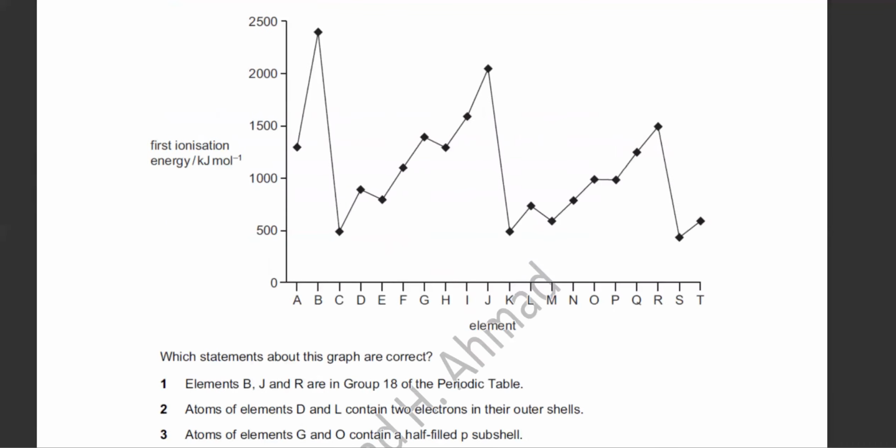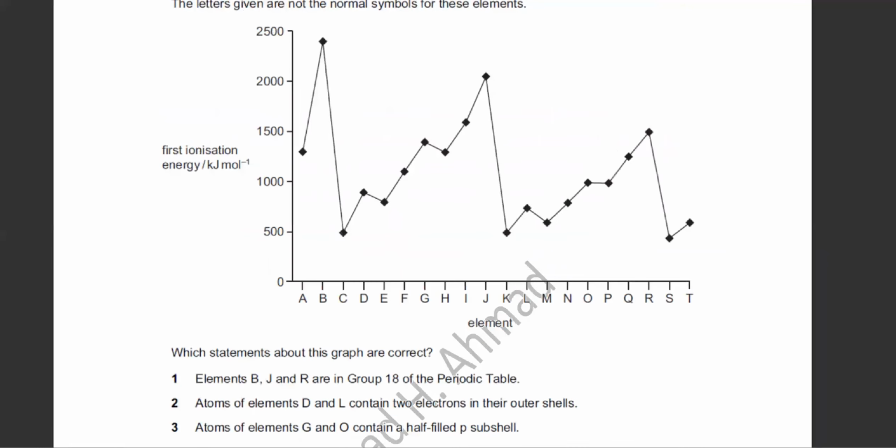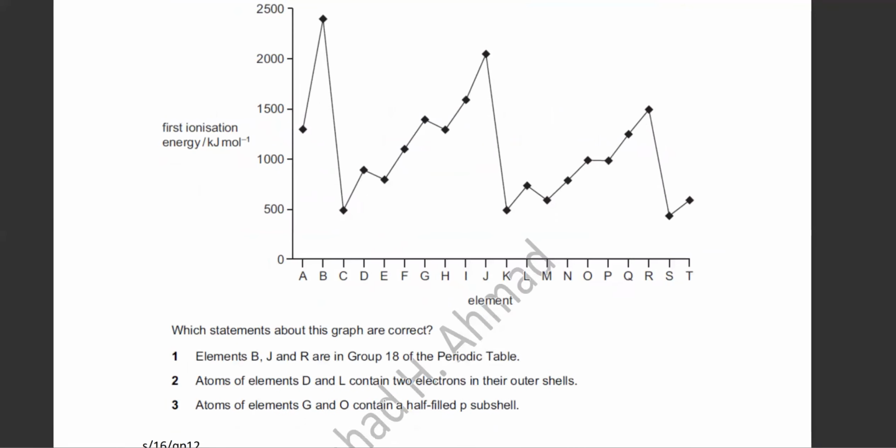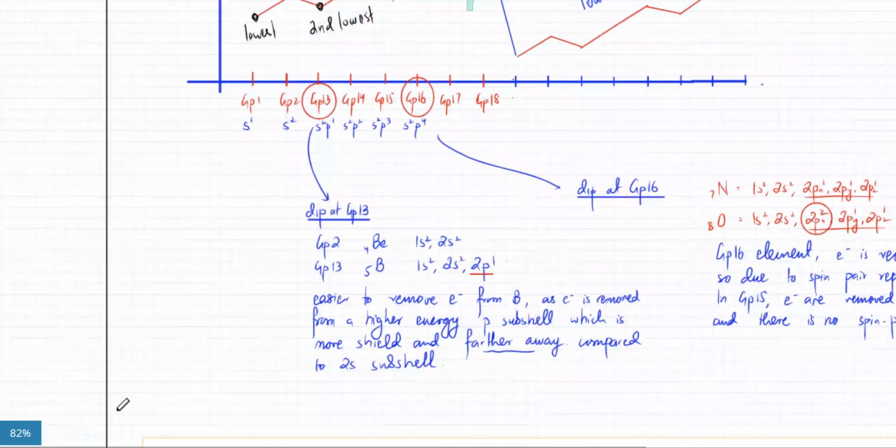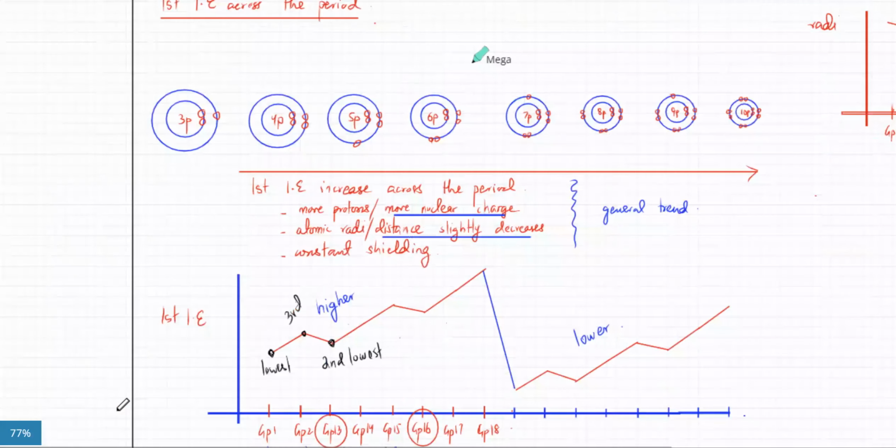So then it's this question again. It's basically because the element has more protons, so it attracts the electrons even more. That's why the atomic radius decreases, yeah? Yes.